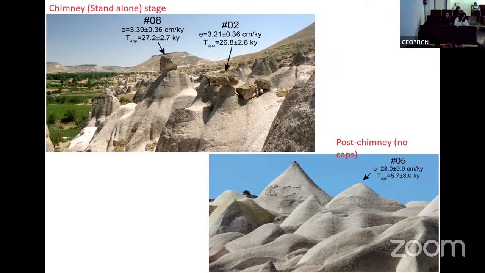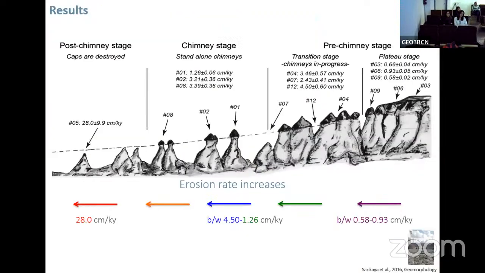It doesn't change much. This is the age. But once the cap is gone, the erosion is much, much faster. It's 28 centimeter per 1,000 years. So there is almost a 10-fold increase in erosion rate when the hard ignimbrite body is gone. The softer one erodes very fast.